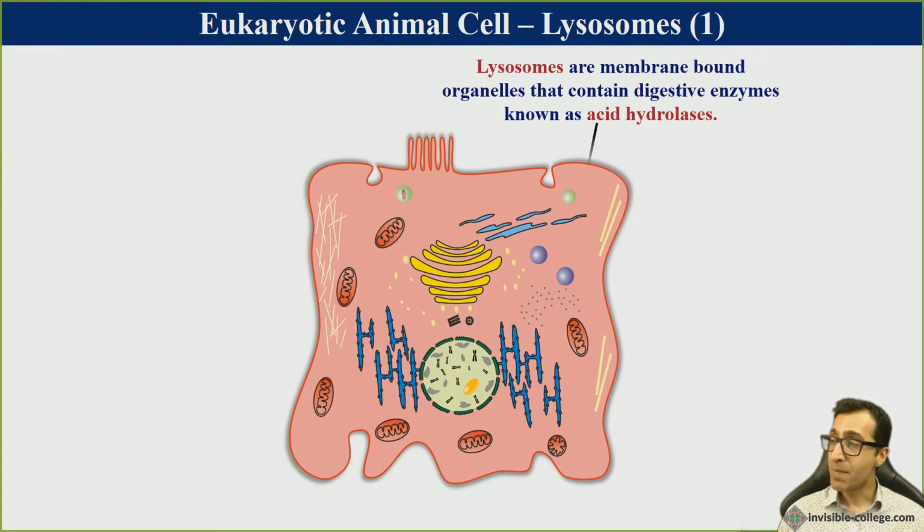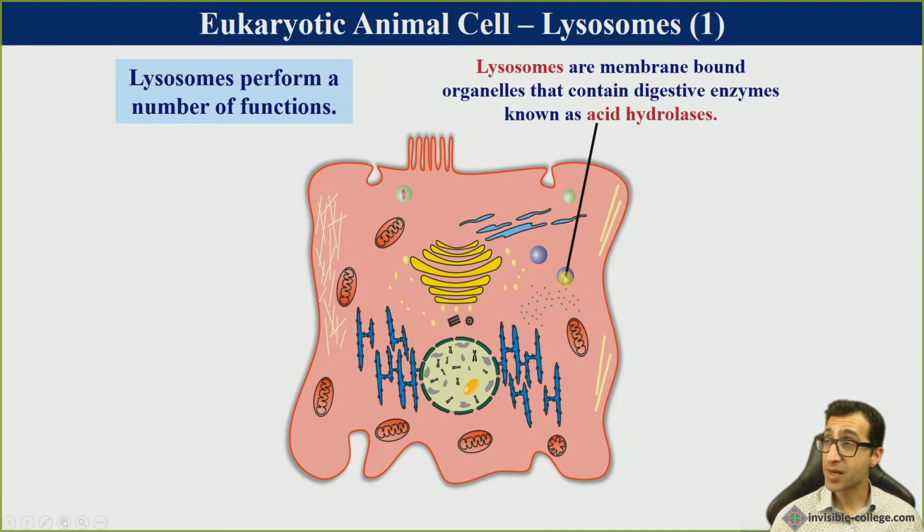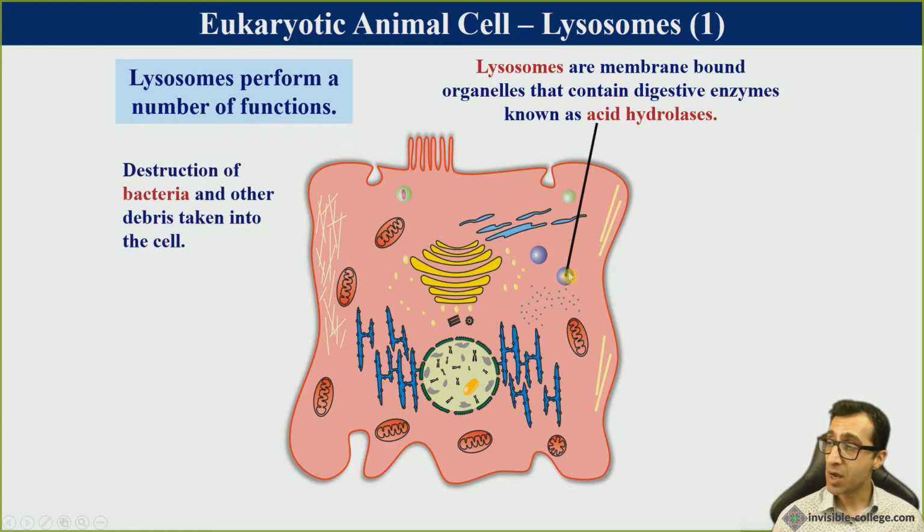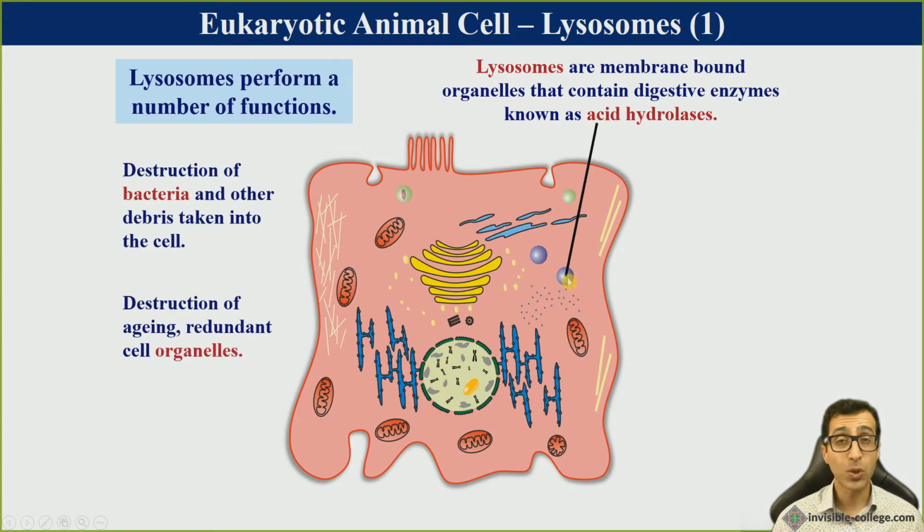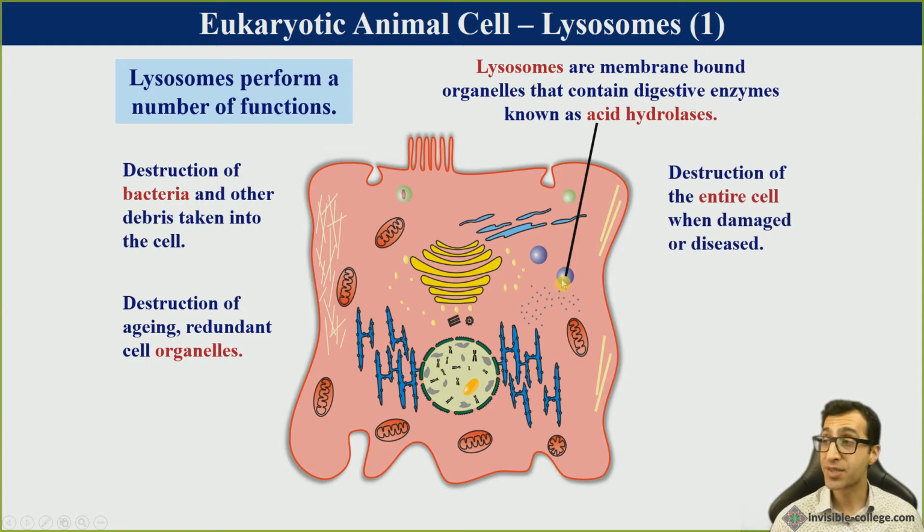So there are also membrane-bound vesicles known as lysosomes, which contain acid hydrolase enzymes. Now, the function of these is for internal or external cellular digestion.